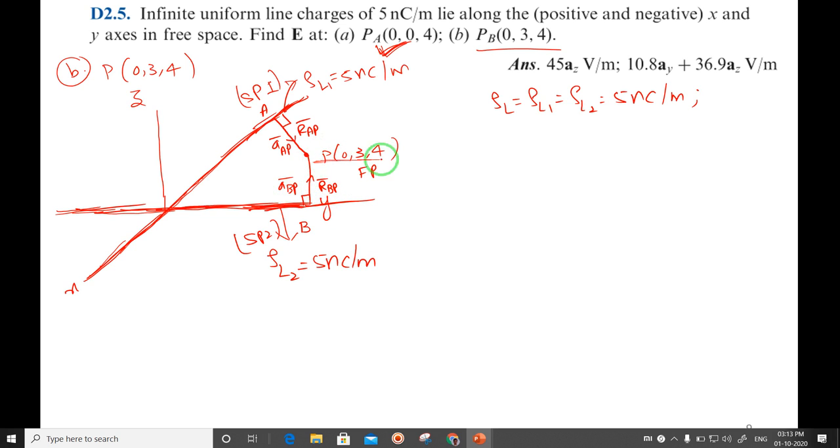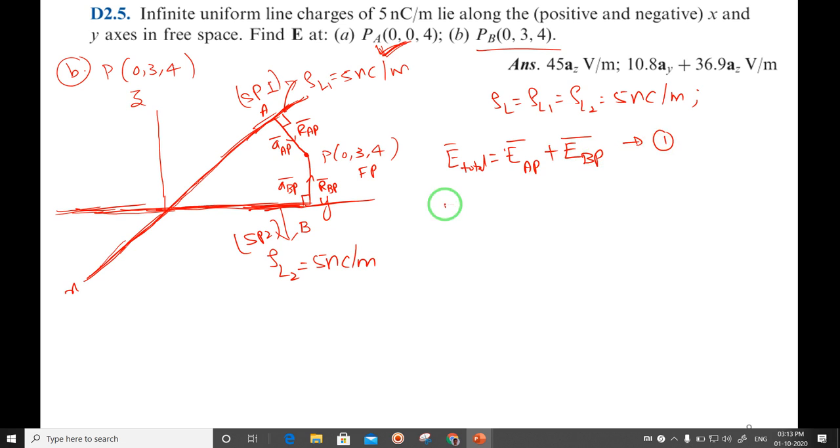Yes, okay. The total electric field intensity at point P is given by EAP plus EBP. So E total is equal to EAP due to the first source, plus EBP due to the second source lying along the y-axis. Call this equation 1.